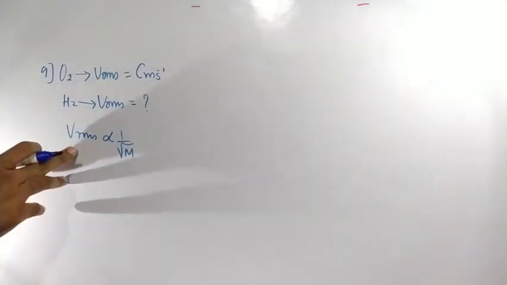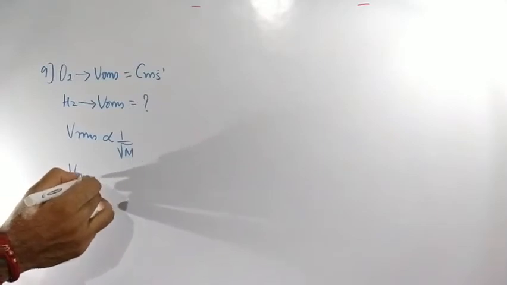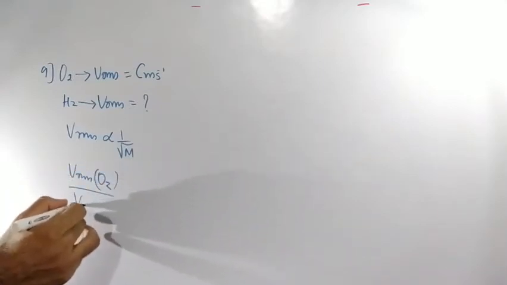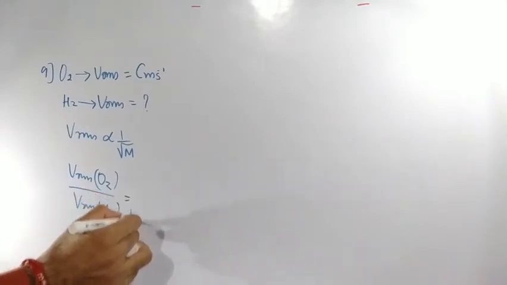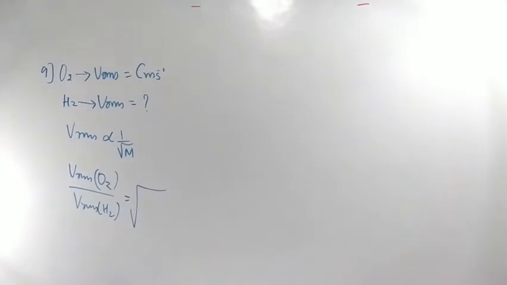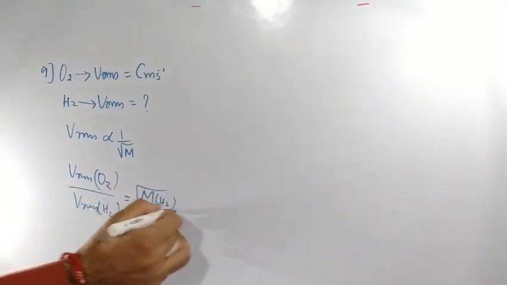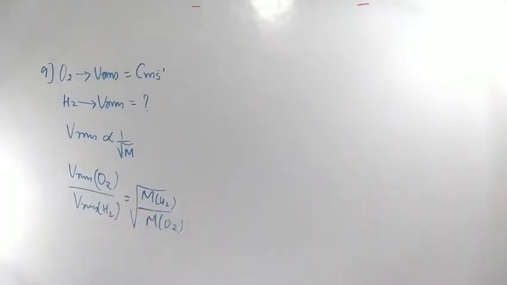Now if I take the ratio, VRMS for O2 divided by VRMS for H2 will be equal to root of m for H2 divided by m for O2. Clear?